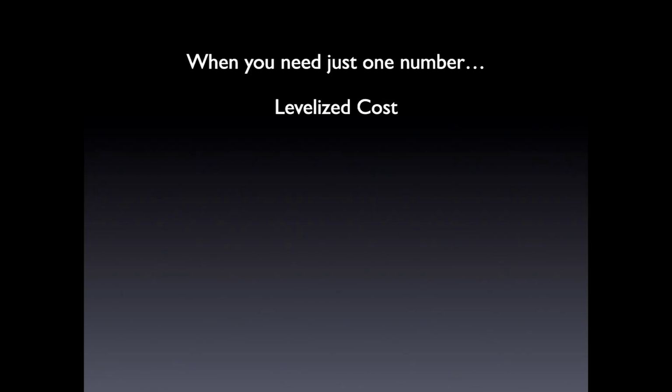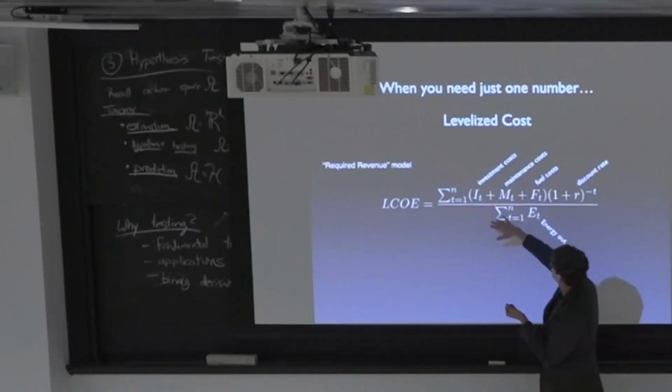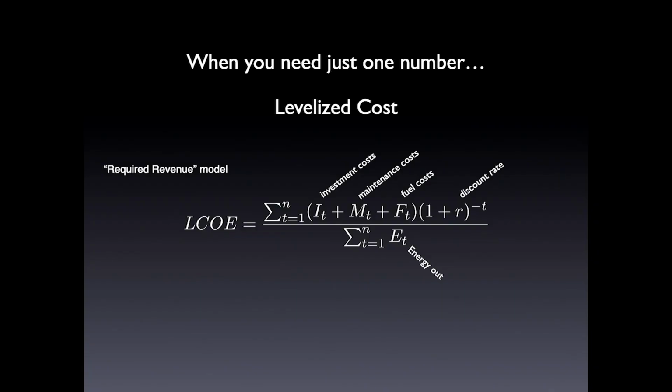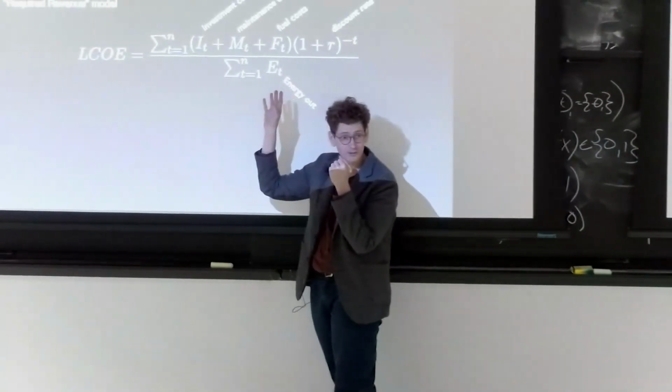So basically what it is, oh, come on. Let me push the button. There you go. It's essentially the discounted net present value of all investment costs, maintenance costs, and fuel costs, discounted going into the future, plus there's the discount rate, divided by all the energy being produced by that plant.